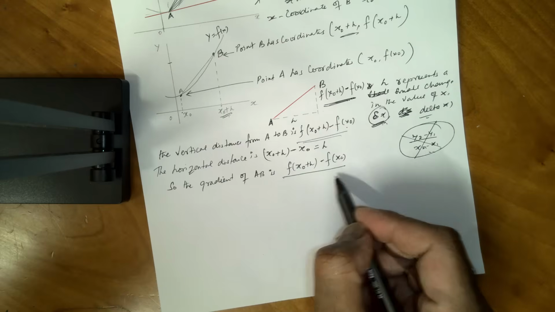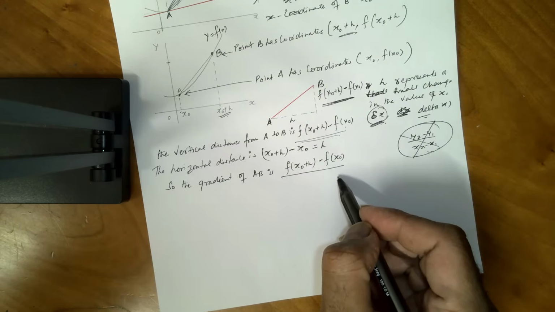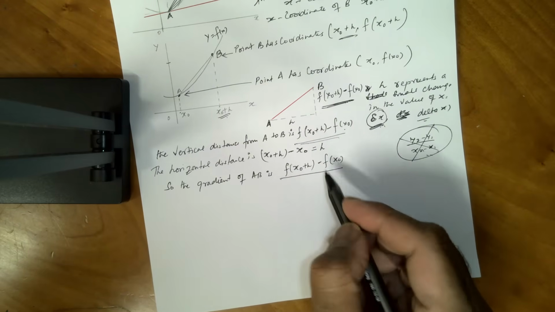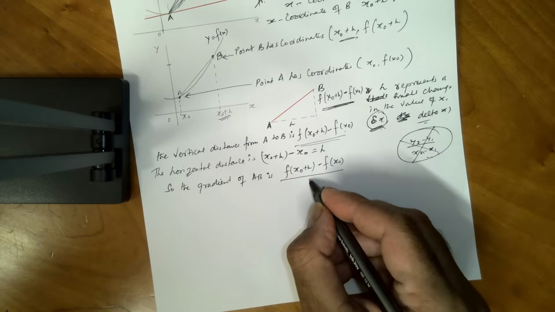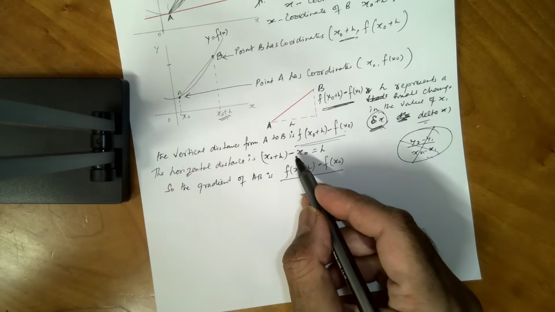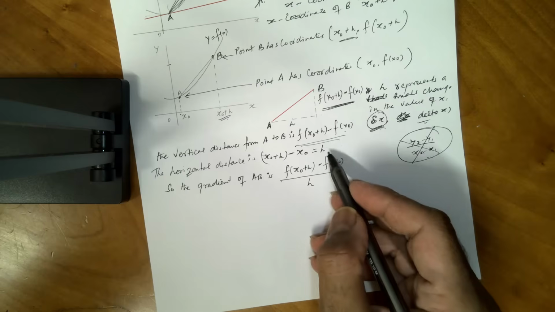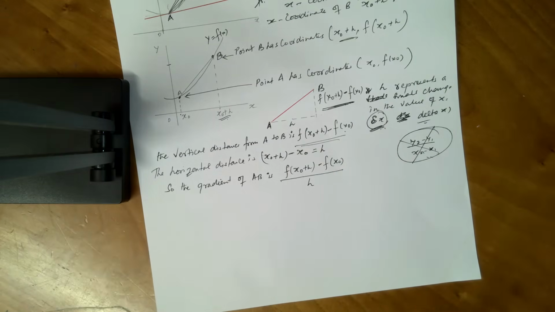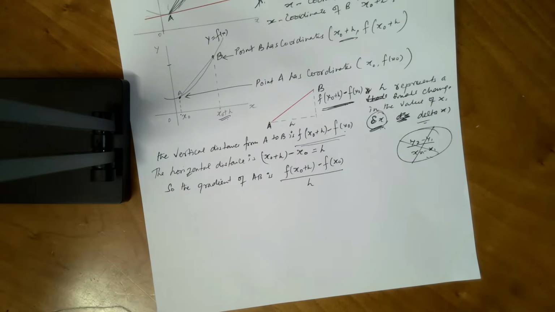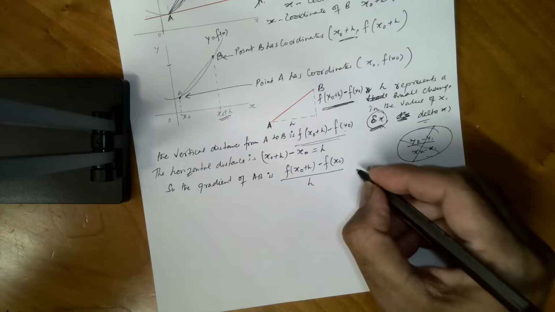You could write this down here, because these 2 points you can write down here, or you can simply write h, because we simplified this. The minus x0 cancels out the plus x0, and you are left with only h, right? So this is what we got.